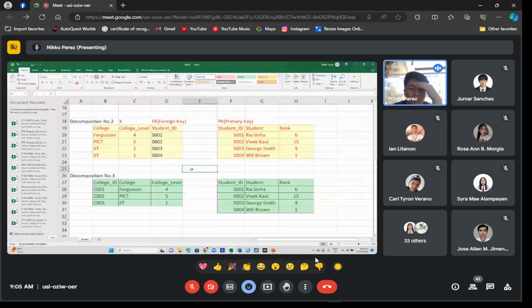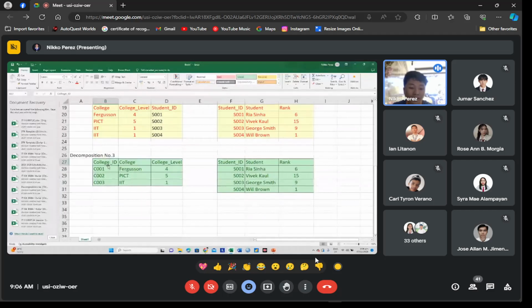So, what will be the next move? In decomposition number 2, we tried sharing the unique ID of the student to the college, and it still resulted in data redundancy. Now, the next thing that we will be doing is to share the college ID to the student, and let's notice if there is still a problem.